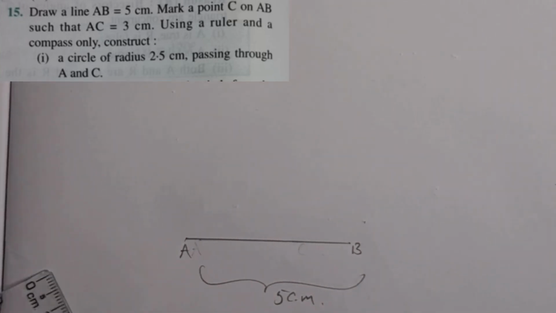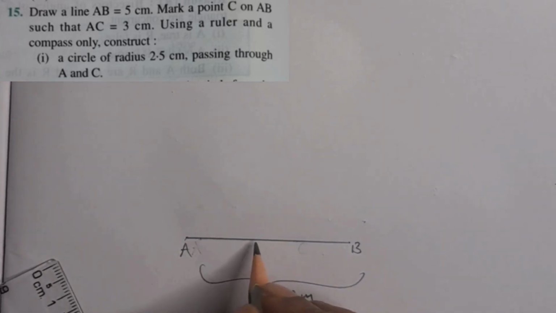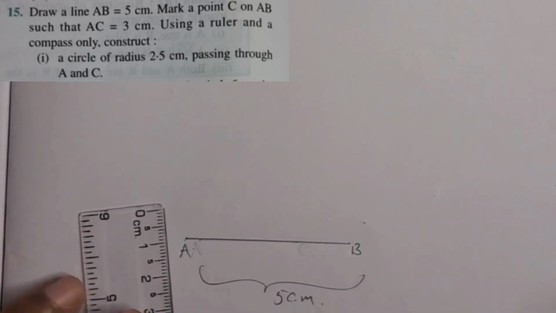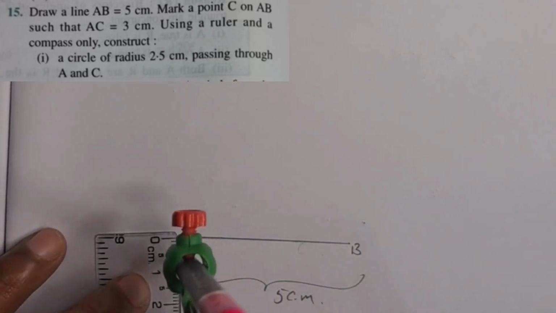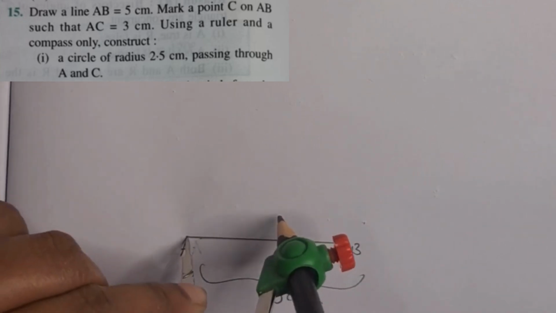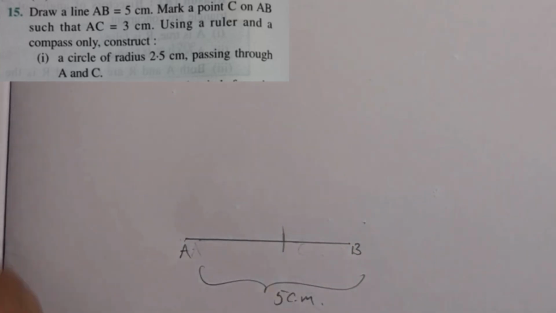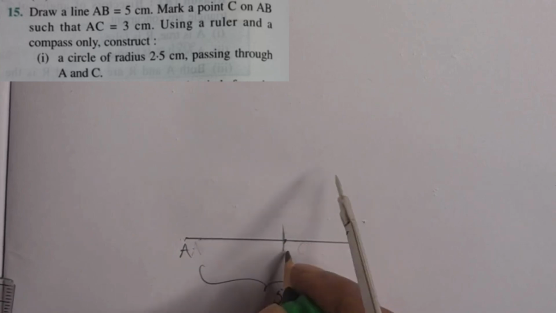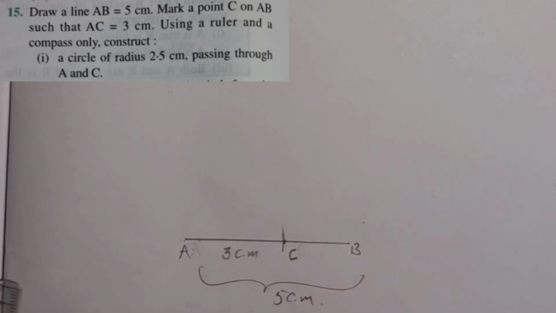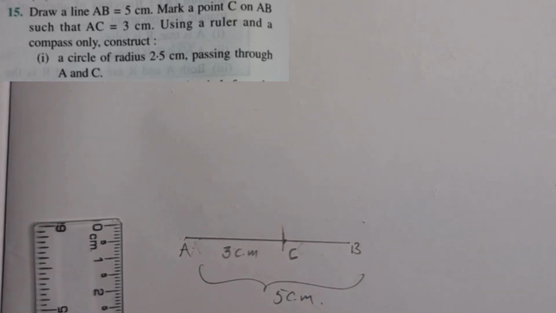Next, mark C on AB at 3 centimeters. Take 3 centimeters with the compass and draw on AB. This is C. This is 3 centimeters.